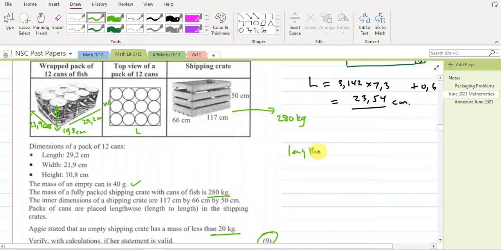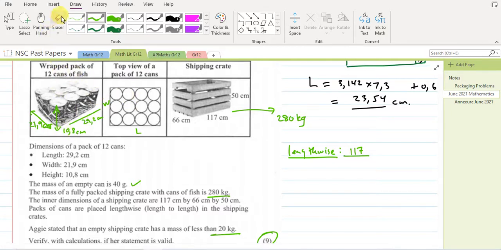We're going to do lengthwise. Lengthwise is 117, because they said packed length to length. So we're going to take 117 centimeters and divide it by the length.